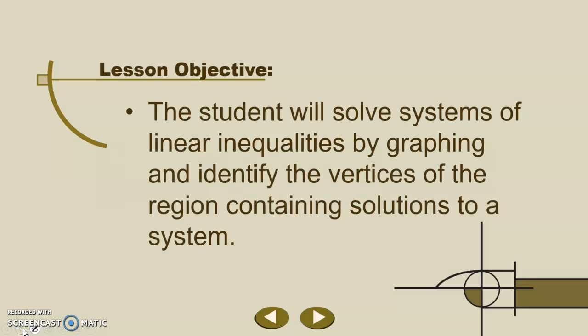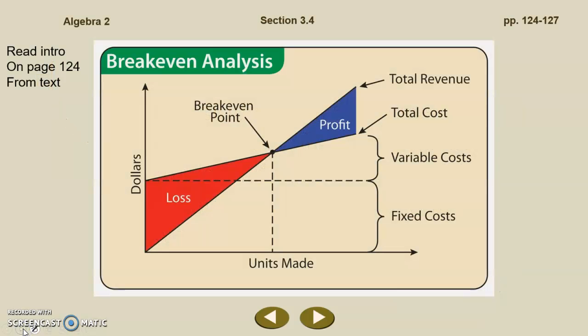Our lesson objective for today is this. You, the student, will solve systems of linear inequalities by graphing and identify the vertices of the region containing solutions to a system. So take a look at this. This is a graph, a break-even analysis that shows us two different functions that have been graphed. And you can see to the right here, we've got profit, and to the left, we've got loss.